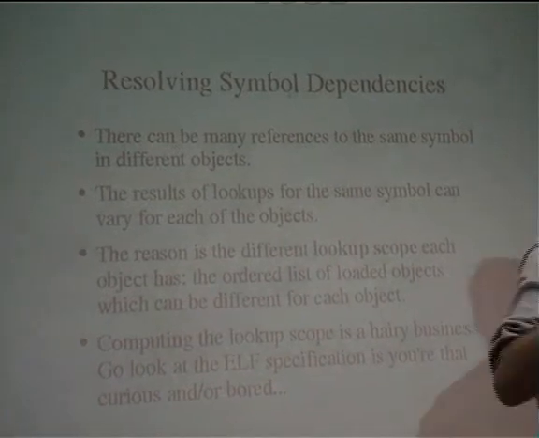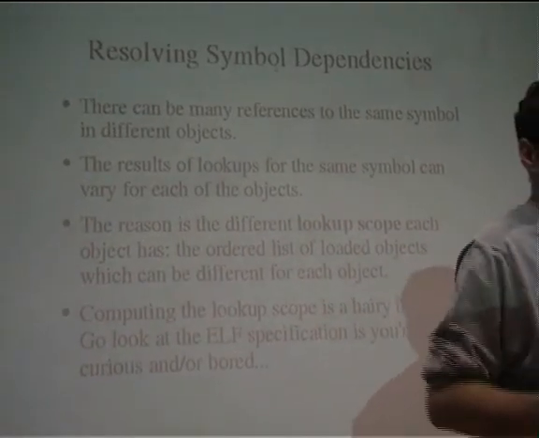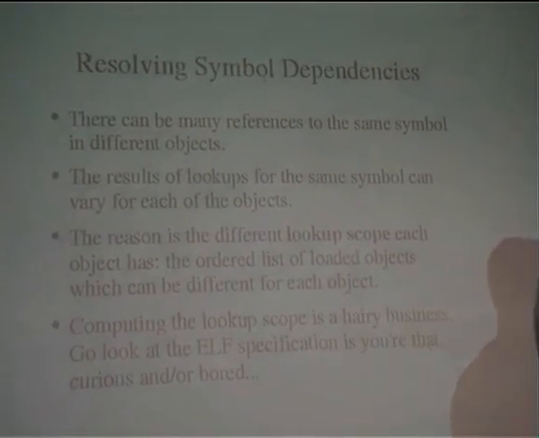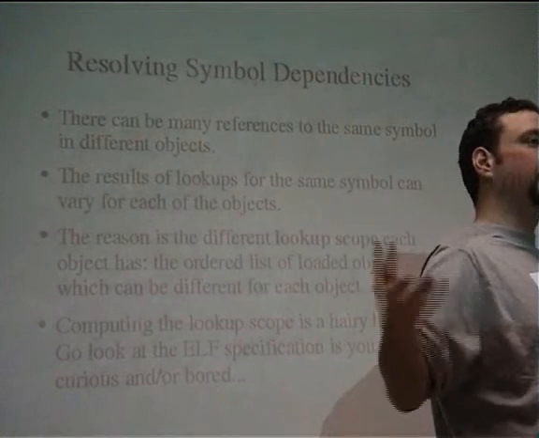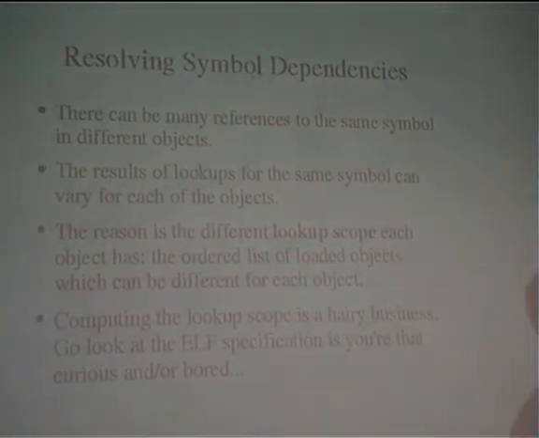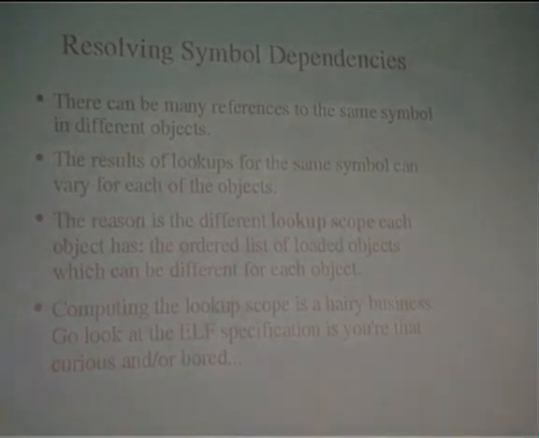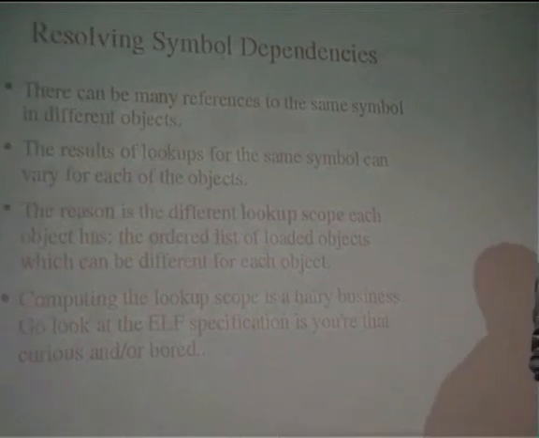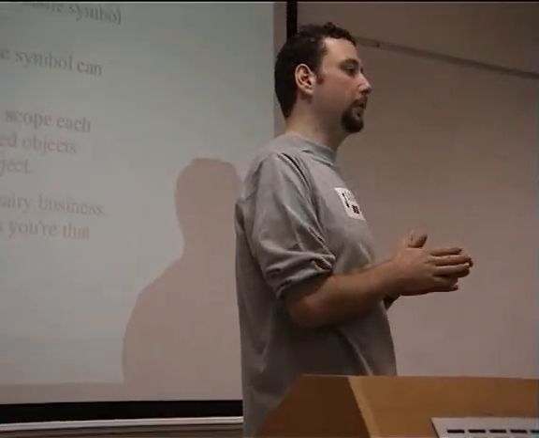This sounds illogical, but that's the way it is. The reason is that you've got a lookup scope for each of the objects, and which symbol, which address you really want to use to resolve each symbol, is dependent on your place in the lookup scope. It means that if you have several objects all trying to resolve the same symbol, you might have different answers when you try to resolve the symbol for object A, and a different answer when you try to resolve the symbol for object B.